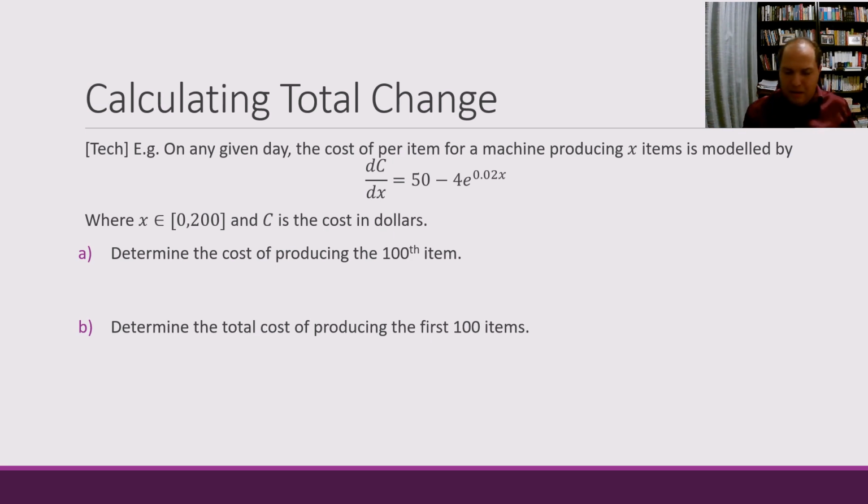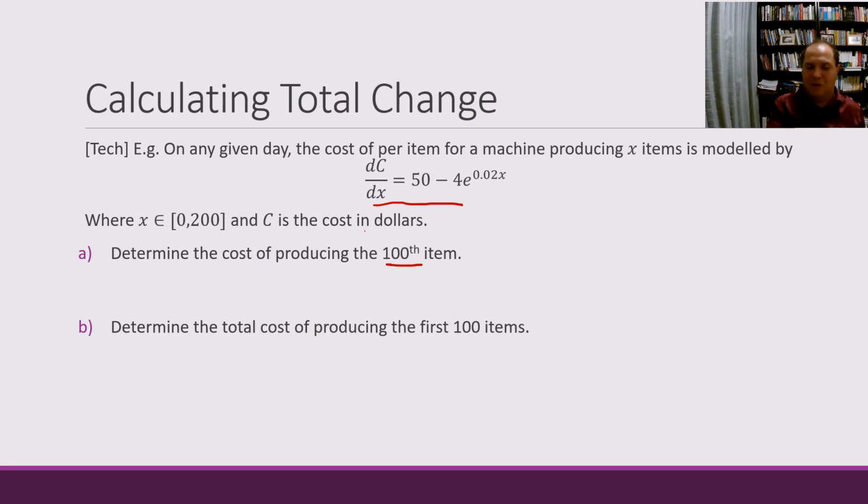Right. Another one here we can do with tech. In this one, we're given the marginal cost function. This will be the cost of producing the 100th item, or the 99th item if we substitute in 99. And we've been given a range here of 0 to 200. Now, the cost of producing the 100th item, well, that one's easy.